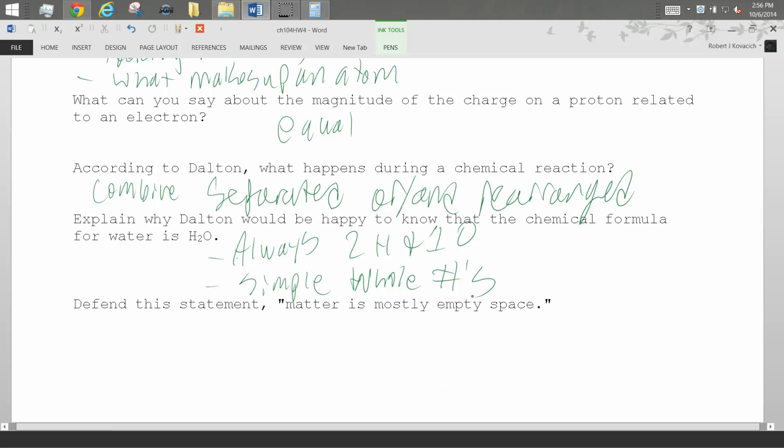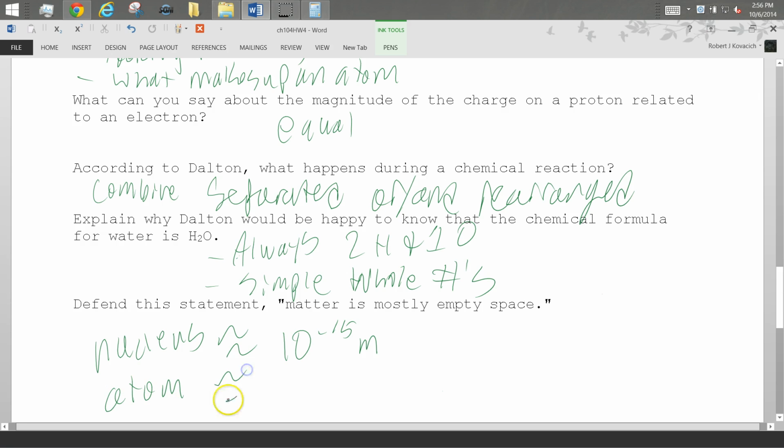How much smaller is the center than an average atom? Lots. Right? 10 to the negative 15th of an atom. So what's the difference between those two?